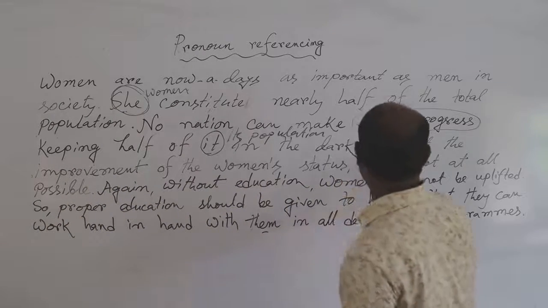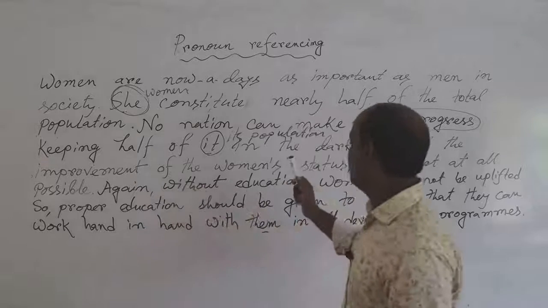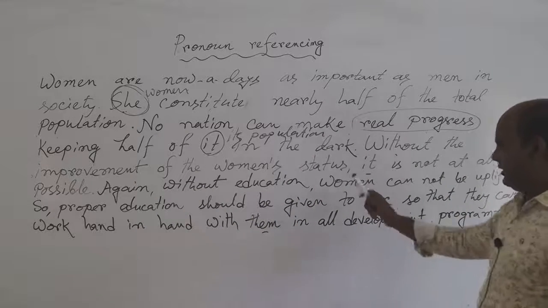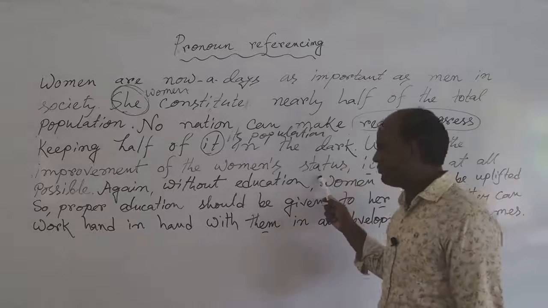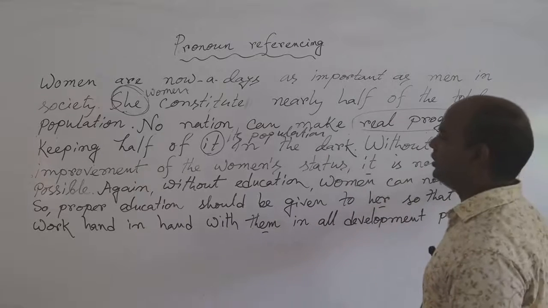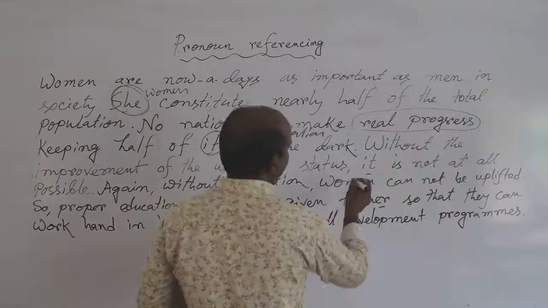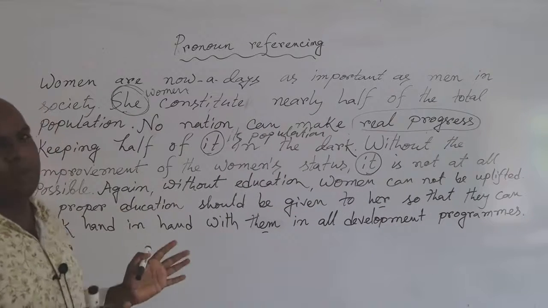Next line: without the improvement of the women's status, it is not at all possible. Here it is also a pronoun. What is not at all possible actually?